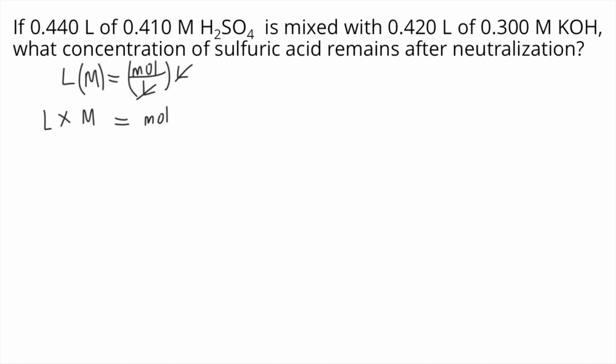Now that we have this formula, let's try to solve how many moles of H2SO4 is given in the problem. So we will use again the formula liters times molarity. In the problem, we are given 0.440 liters and 0.410 molar of H2SO4.